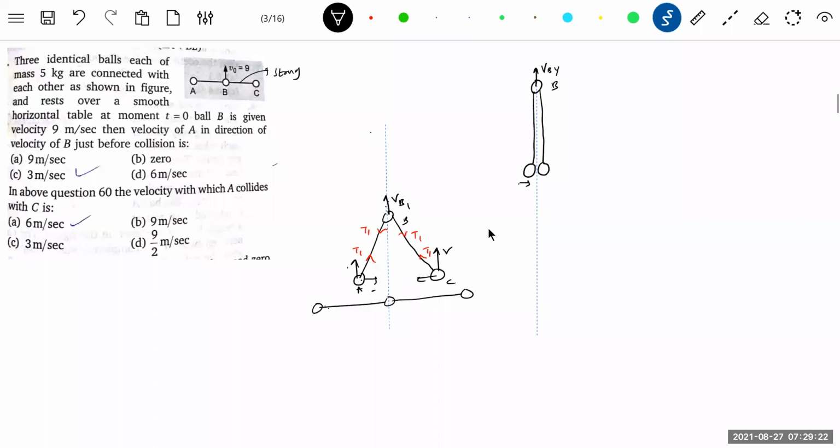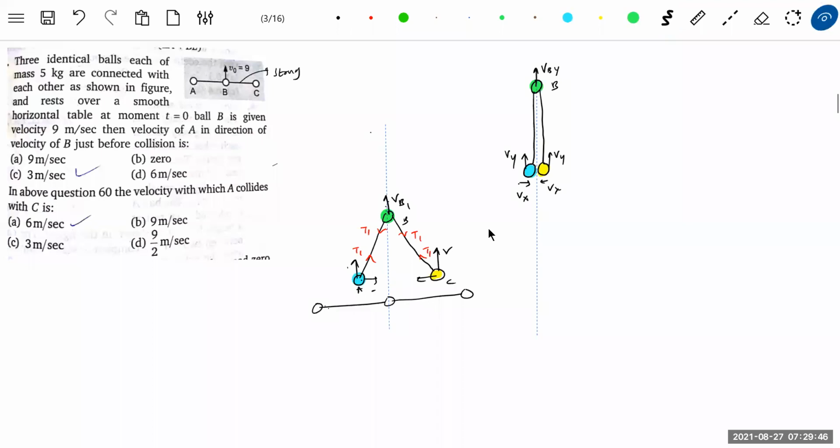These will have velocities Bx, By. I'll give the color, it'll be easy to identify. What makes them move like that? This is very important.